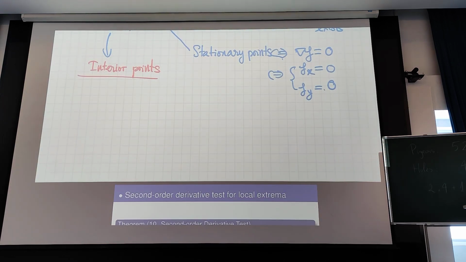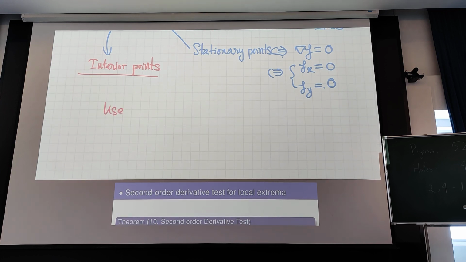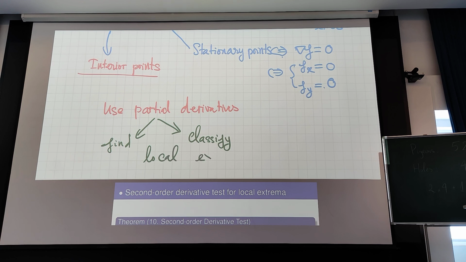Okay. So we are going to use partial derivatives to find and classify the local extrema. In the last lecture you also learned what a local extremum is.